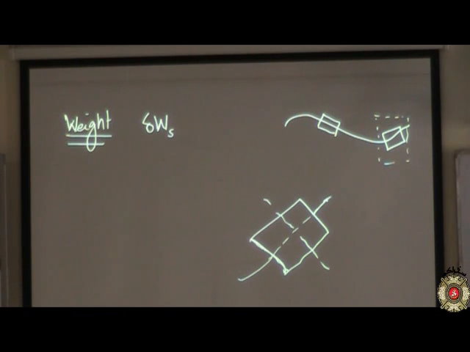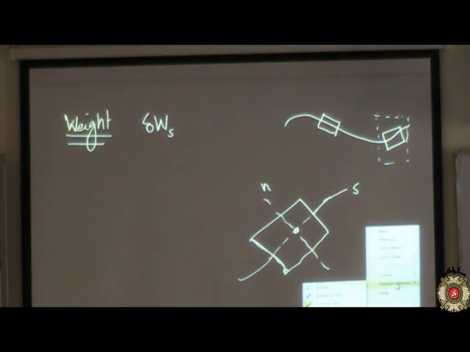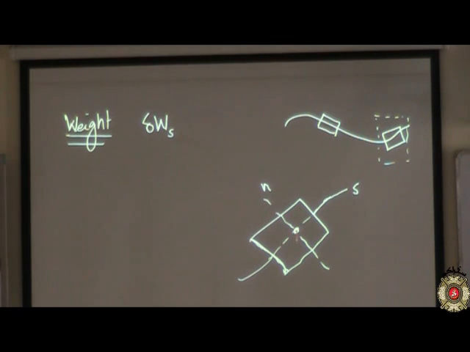So this one is the s direction and this one is the n direction. This is the weight. For those who have books, please look at that, otherwise I strongly recommend it.